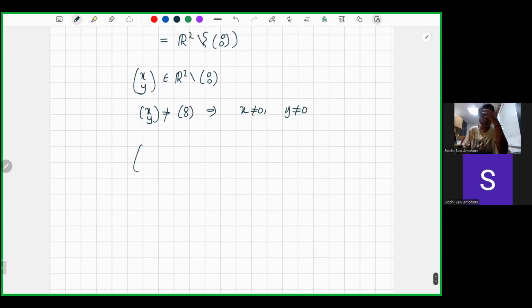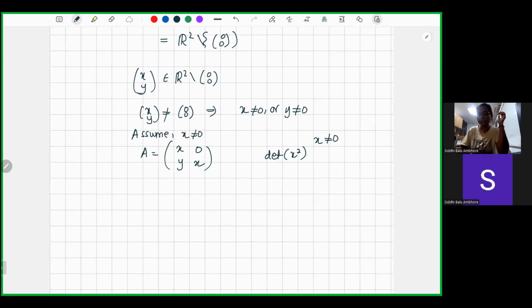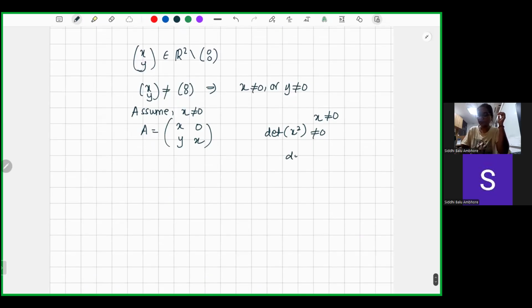Assume x is non-zero. I take A to be the matrix x, y, 0, x. In that case the determinant of this matrix will be x squared. Since x is non-zero, x squared is non-zero, so the determinant of A is non-zero, and therefore A belongs to GL2R.